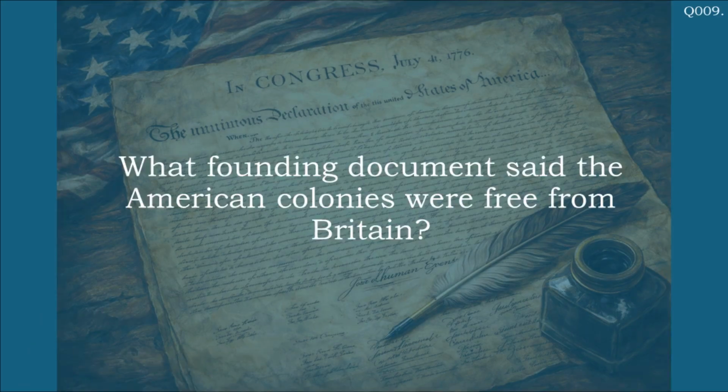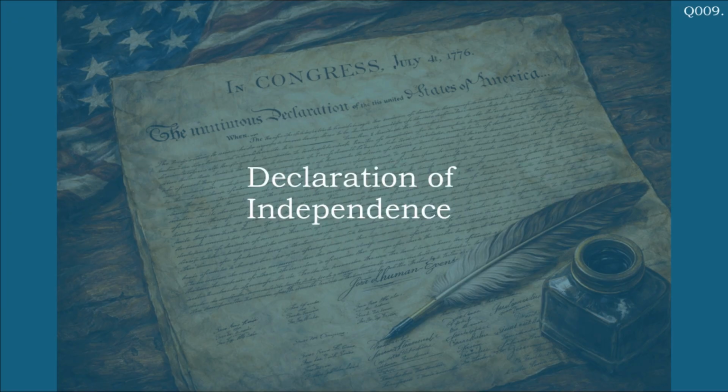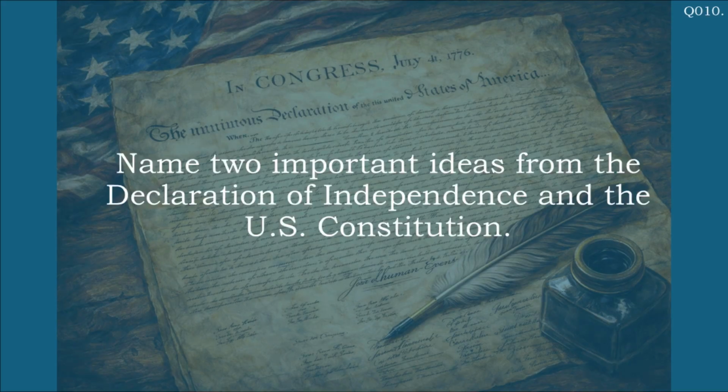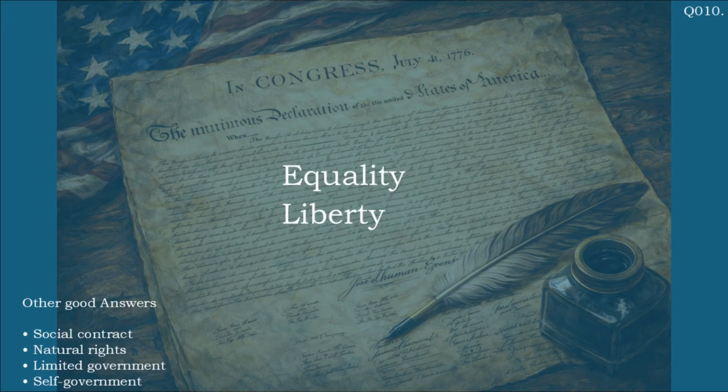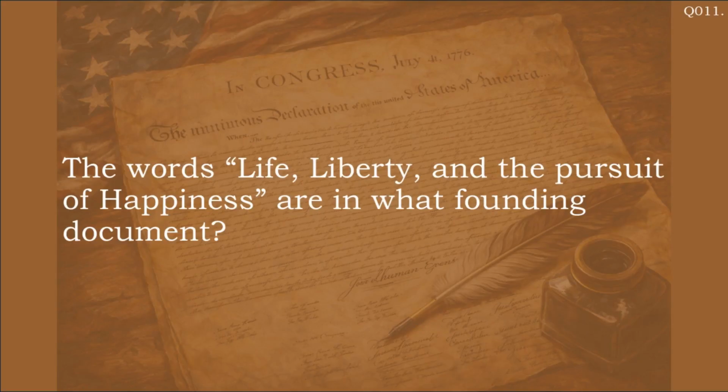What founding document said the American colonies were free from Britain? The Declaration of Independence. Name two important ideas from the Declaration of Independence and the U.S. Constitution. Equality and liberty. The words life, liberty, and the pursuit of happiness are in what founding document?